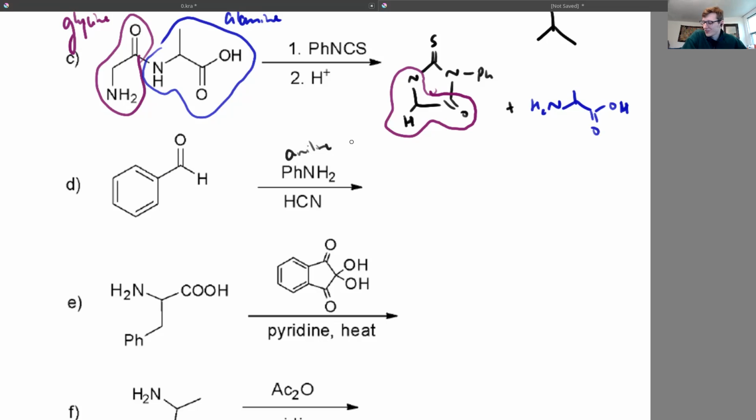Okay. So, Strecker normally works by making an imine, right? So pH, and then there's an imine. Okay. And then we add this, right?